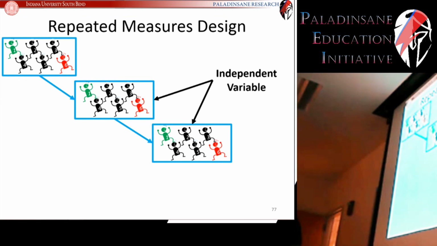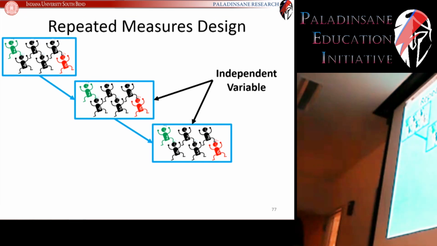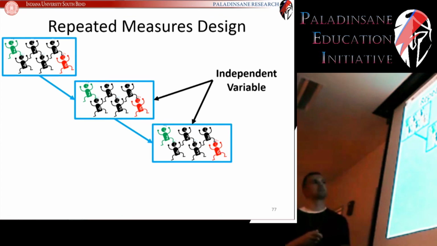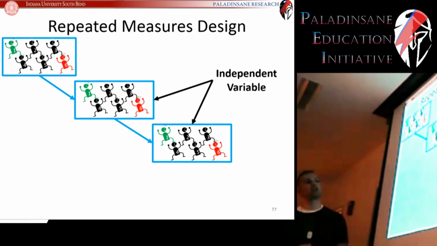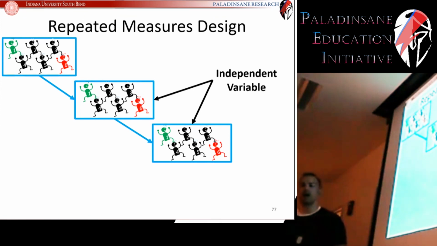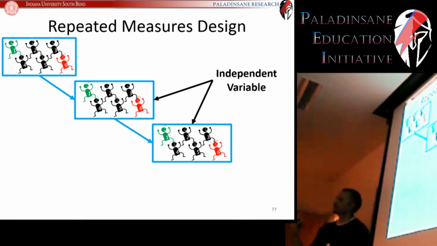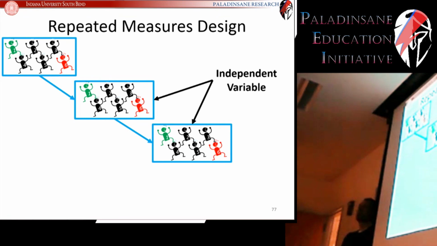They're going to be lethargic in the control group. If we have somebody who's afraid of the experimenter, right? These are children. They're going to be afraid of the experimenter in the experimental group. They're going to be afraid of the experimenter in the control group. So any individual differences that these subjects have, they're going to control for or factor out by the fact that they're going to be compared to themselves.